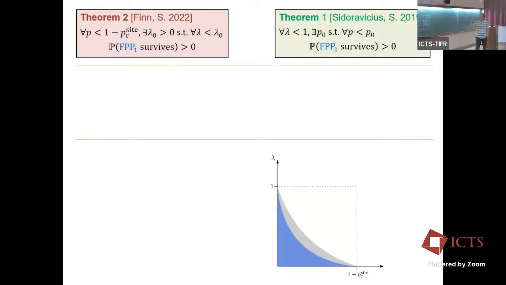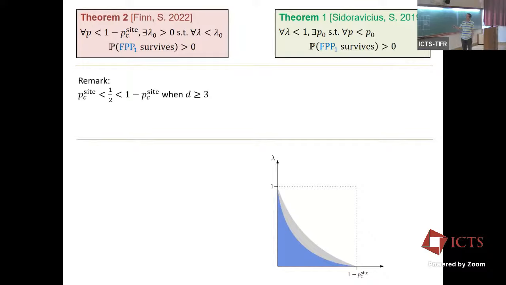Let's focus just on the case of FP1 surviving, which is actually the interesting case when you are modeling a growth process like this. But there is a caveat I need to remark: pc site is strictly smaller than a half in dimensions 3 and higher. It's bigger than a half in dimension 2, it's 0.55 or so, but strictly smaller than a half in dimensions 3 and higher.